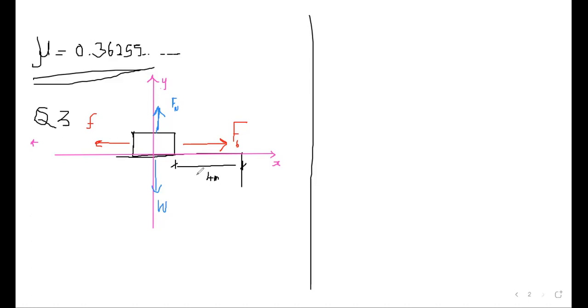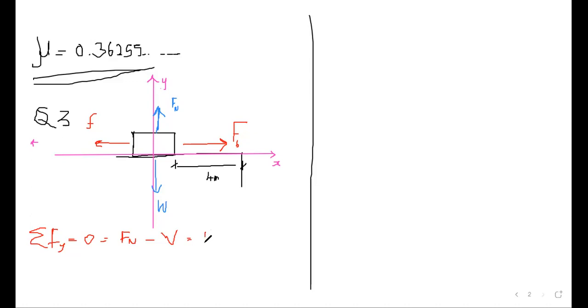Okay. Now, what do we have? What do we know about this? We know that the summation of forces in the y-axis should be what? 0. Summation of forces in the y-axis should actually be 0 since there is no motion. And in this case, we just have Fn minus the weight. This is just going to give us what is our Fn.